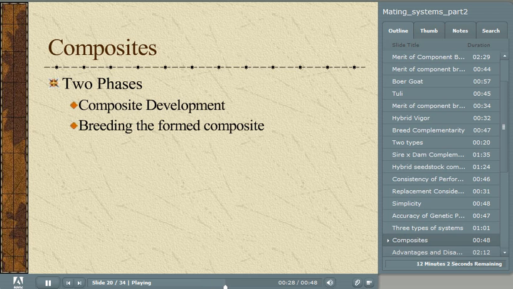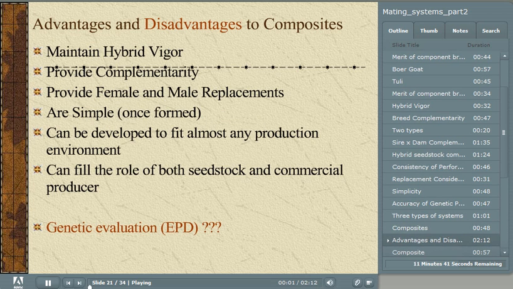Now there's two components to composites. That is composite development, where you actually have a very large operation, access to a lot of females, and develop your own composite breed. And then there's the second phase, where once the composite's developed, you primarily are breeding that formed composite. Now there are advantages and disadvantages to composites.